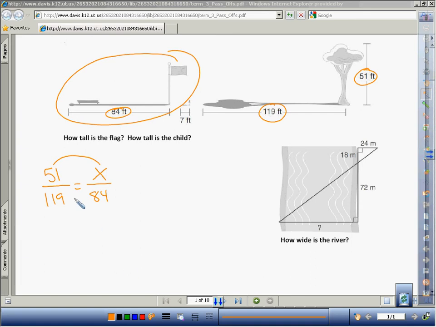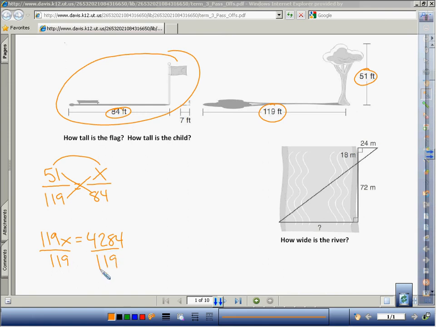So we're going to take 119 times x and get 119x. And we'll take 51 times 84. And 51 times 84 is 4,284. And then I'm going to divide by 119 to get x by itself.